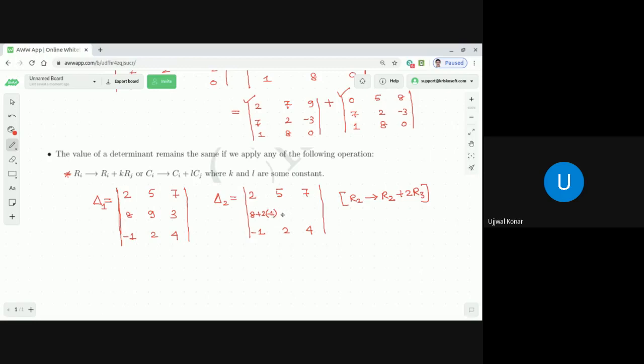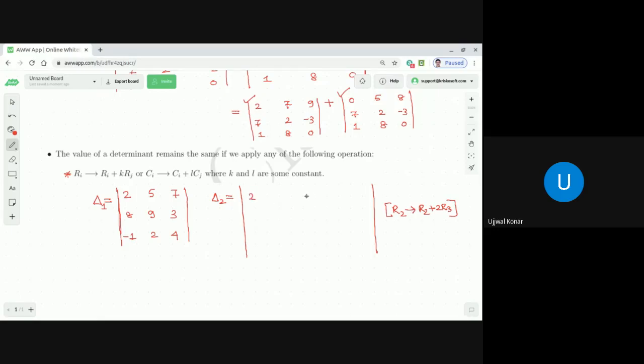Then let me do one thing. Let me write in a little bigger manner. Okay, just give me a minute. Let me write it so that you get the essence of how these two values of the determinants remain the same. So what is the delta 2 we are going to get, dear students? It is a determinant. Under what operation? That R2 is R2 plus 2 into R3. And how are we going to get it? R1 and R3 remain the same.